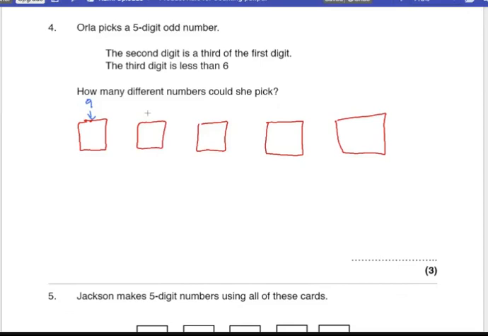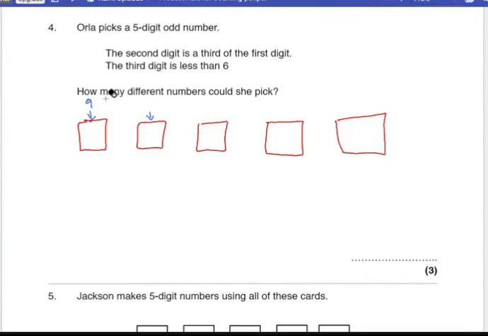What about the second? Could it be 3? Because it said it will be a third of the first digit. So if it's going to be a whole number, there'll be 3 numbers. But in that case, I just realized we both made a mistake.